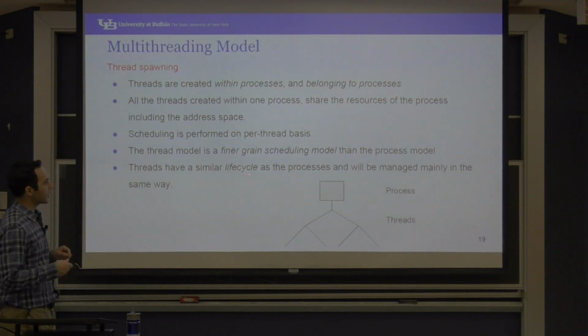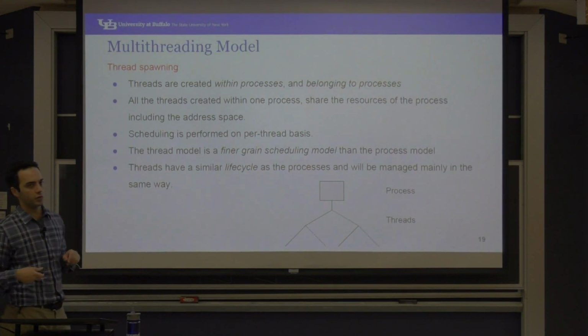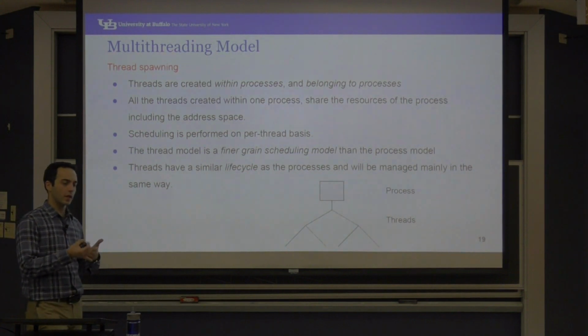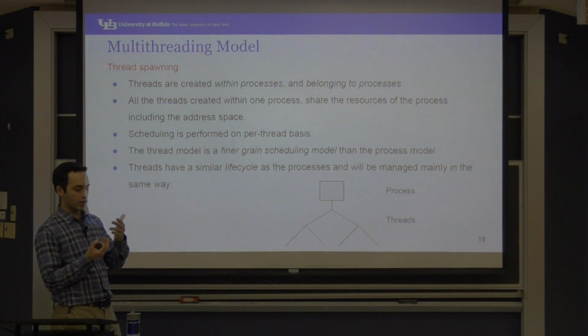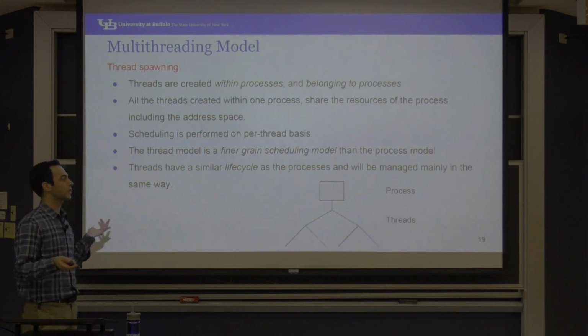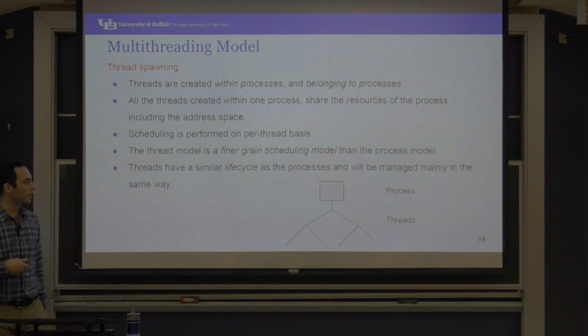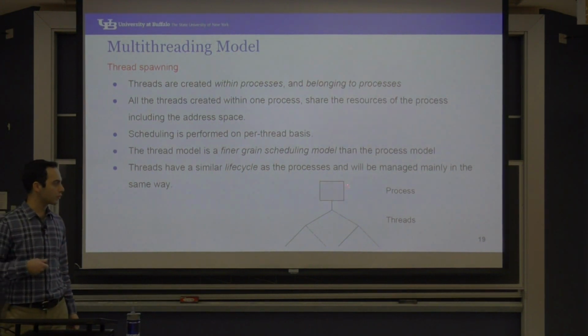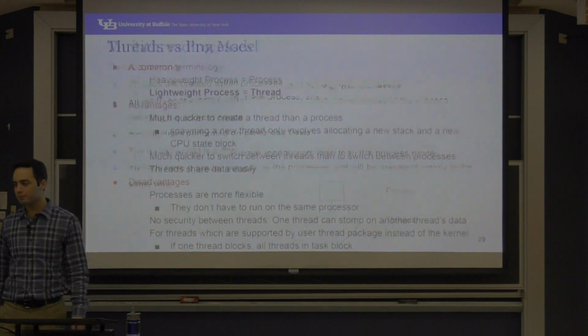And the life cycle is very similar to processes. They get created, they get ready, they go into running, and then they get terminated. But again, within the same process, we have multiple threads.